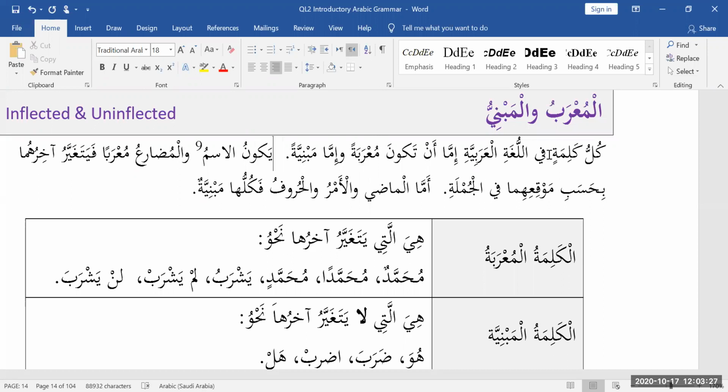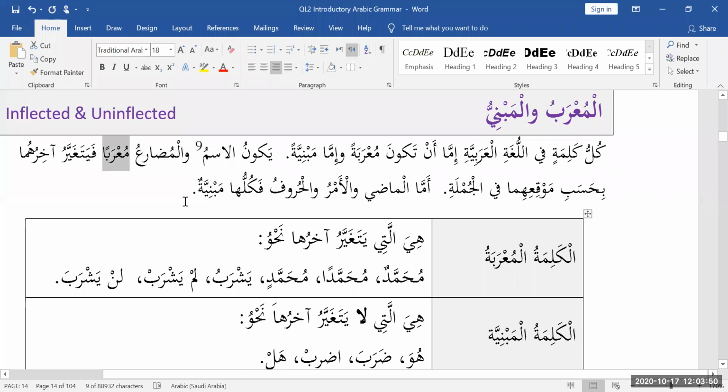So which words are inflected, which words are not inflected? يكون الاسم والمضارع. Al-ism, the noun, or the nouns in general, there are some exceptions, and al-mudari, the present verbs, these two are mu'rab.